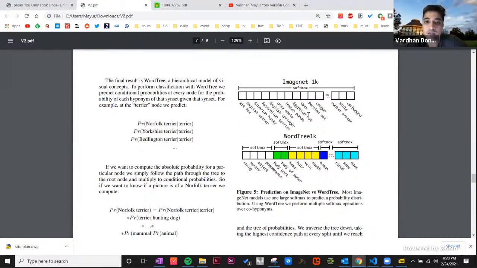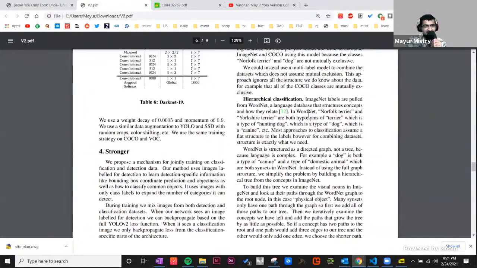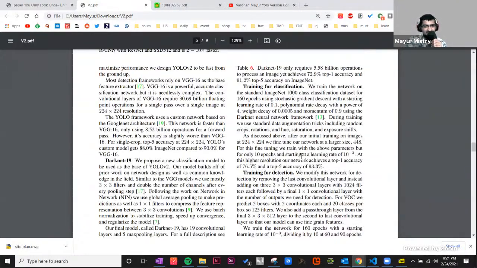The second was the use of higher resolution images for classification, and the third is the use of anchor boxes, trying to solve the localization problem. Yeah, I thought those three factors contributed more to the accuracy of the model, but why is it faster than YOLO V1? Is it because the number of parameters in the model is lower, or maybe there was some point which I have missed?